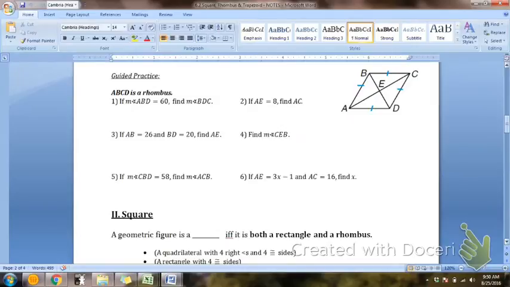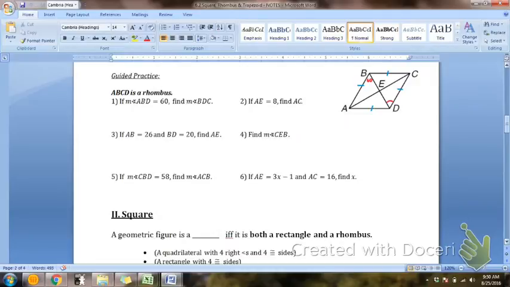It says ABD is 60. So that means this angle in here, ABD, is 60. Find BDC. So I want to find this angle down here.